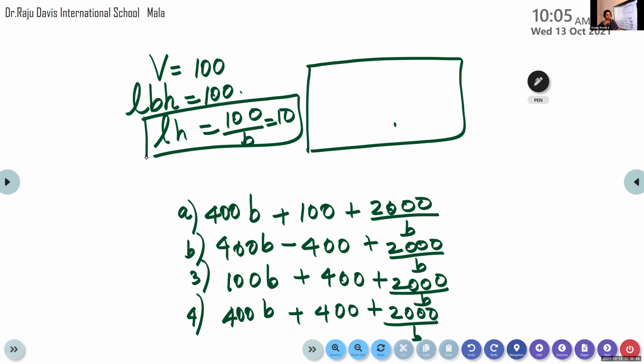We want to construct the tank. Open tank. It is given as open tank. So how will you find the surface area of the tank?